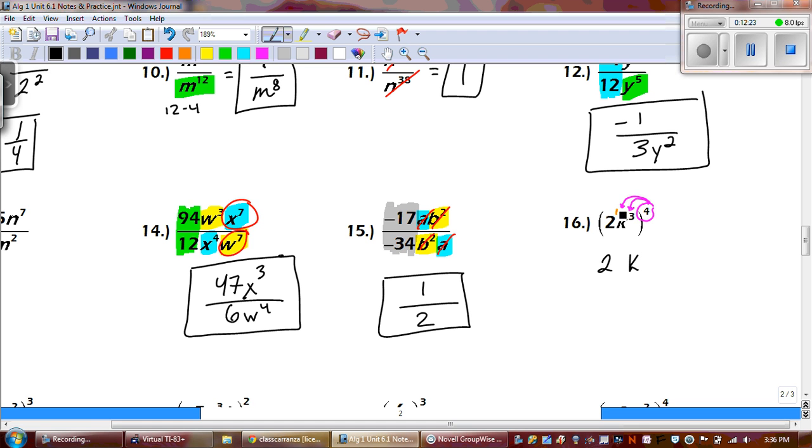So we're going to multiply 1 times 4. 1 times 4 is 4, and 3 times 4 is 12. Those are our new exponents. Anything with a number, we need to simplify. So 2 to the 4th power is 2 times 2 times 2 times 2, or 16. So we get 16k to the 12th.